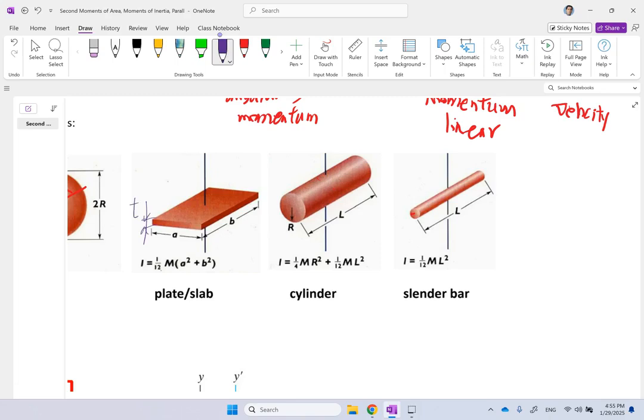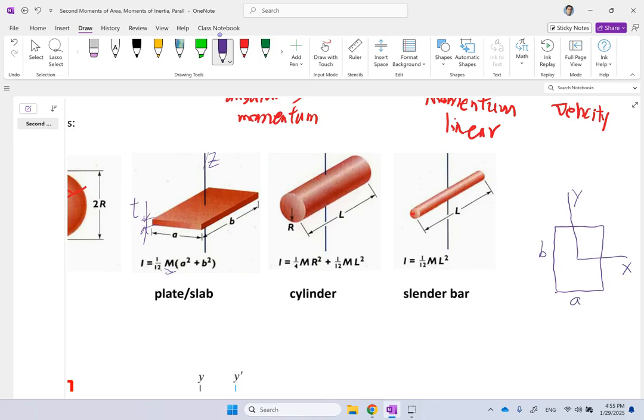And remember, the mass of it is m. If I look along this axis, let's call it z, what would you see? You're going to see the rectangle. This is your x, this is your y, and the dimensions are a and b.